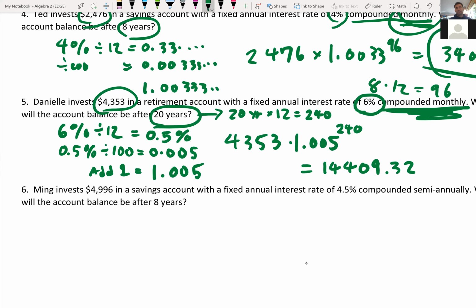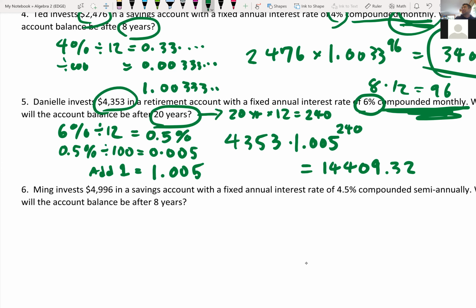But in reality, when you have a retirement account, you contribute every month. You put money into it. So that means that money will keep growing, keep growing, keep growing. Hopefully that's the idea. Okay.